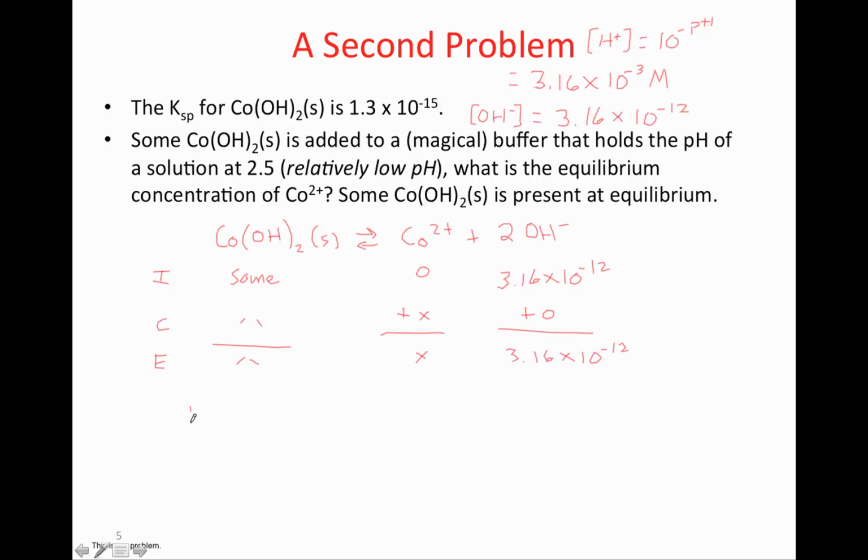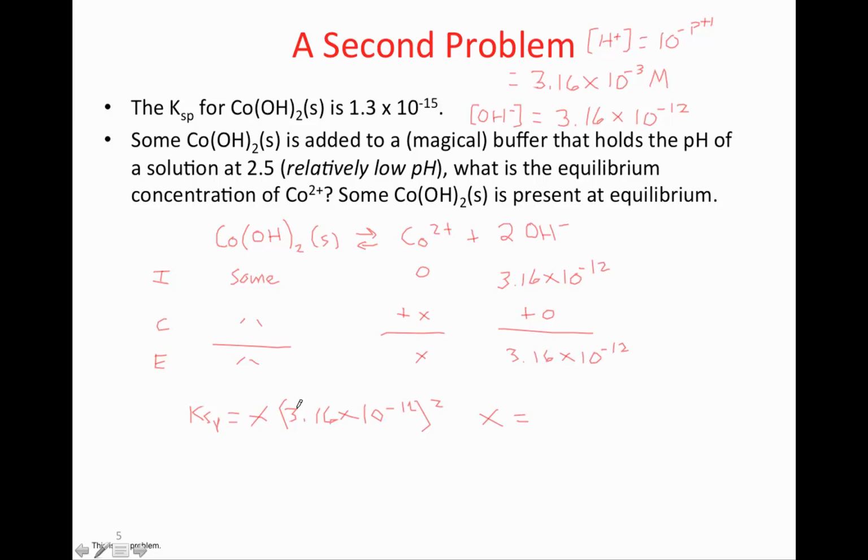And so I have Ksp, pretty much just as we did before, is equal to X times 3.16 times 10 to the minus 12 squared. And now X is equal to, I'll get this number from here, divide by this squared. So I have 1.3 times 10 to the minus 15, and I'm dividing by 3.16 times 10 to the minus 12, that really small number.